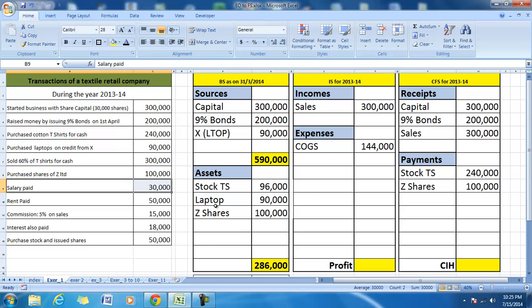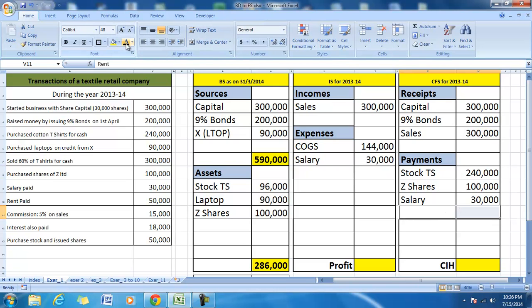Salary paid. Salary is a payment and salary is an expense. So this payment resulted in an expense, and the amount of expense is 30,000. So is the case with the rent.